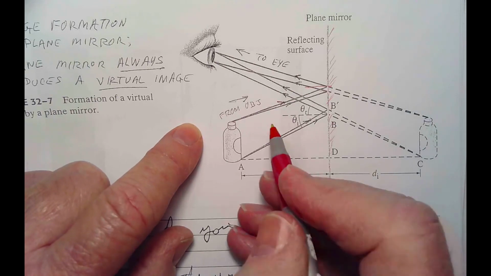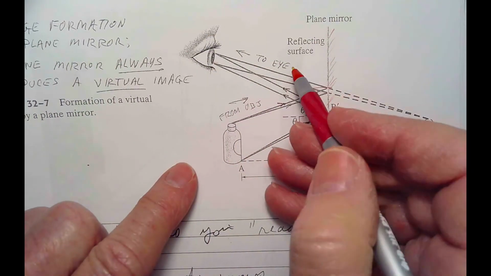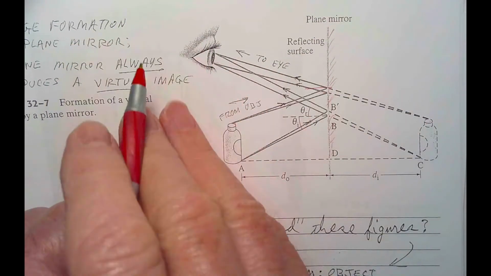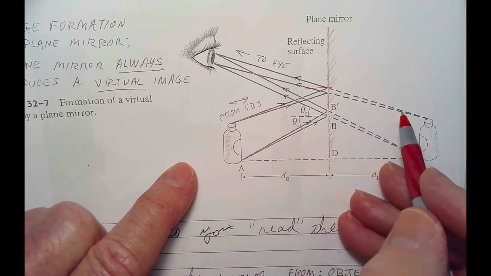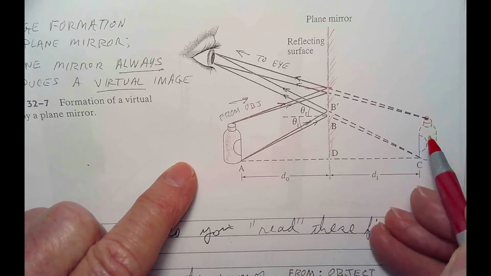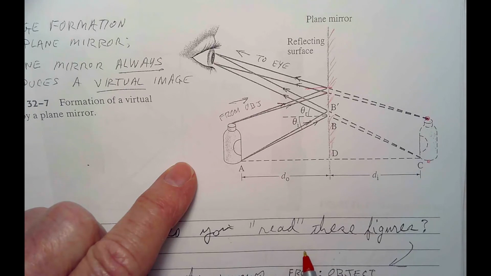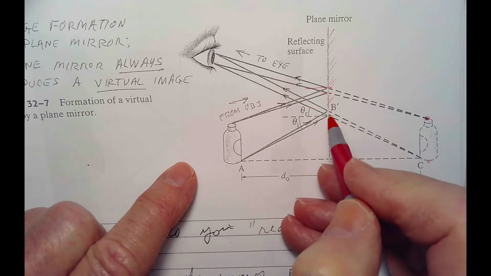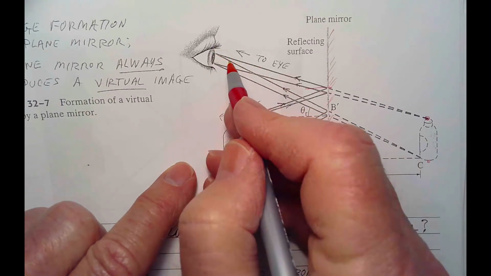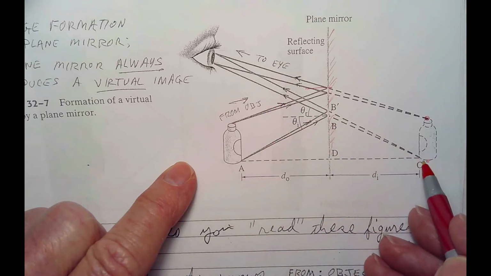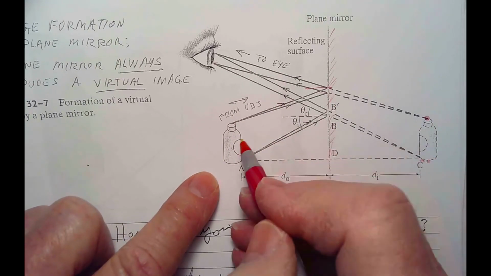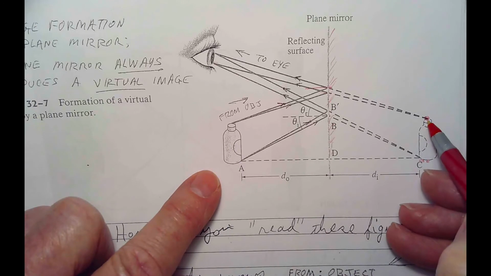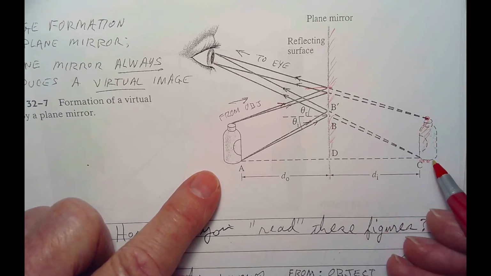Those two rays are diverging on this side of the mirror, but if I extend them back to this side, they converge at a point behind the mirror. Do the same thing on the bottom. Those two diverging rays over here converge back to here. So this system makes a virtual image that looks to be back here.